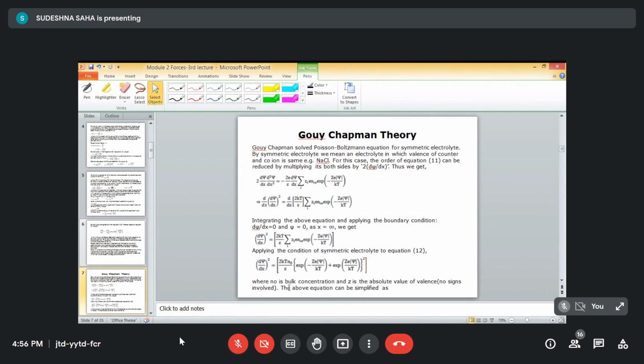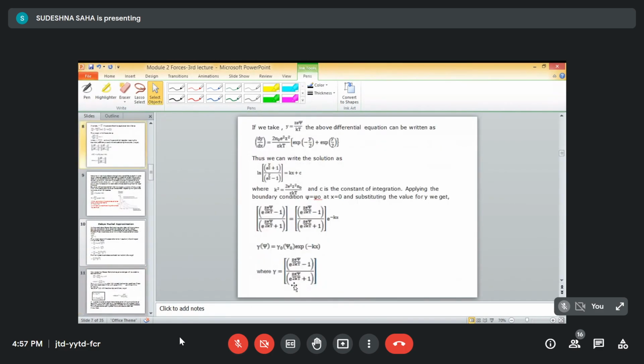You don't need any signs for this, whether you are dealing with coions or counterions, because this is just the potential variation. For concentration change, you have to put a negative sign for counterions and a positive sign for coions.